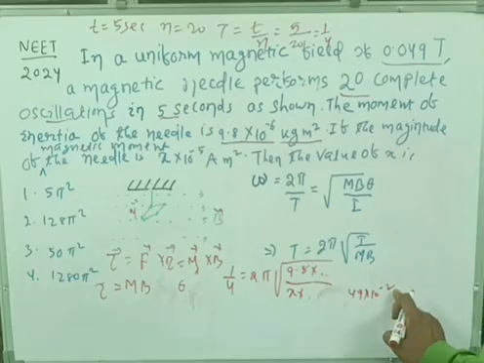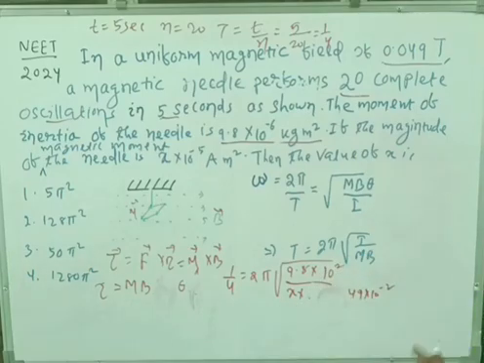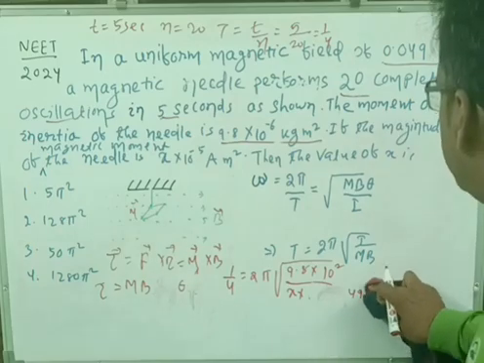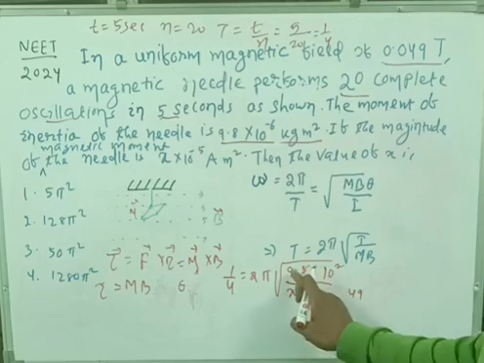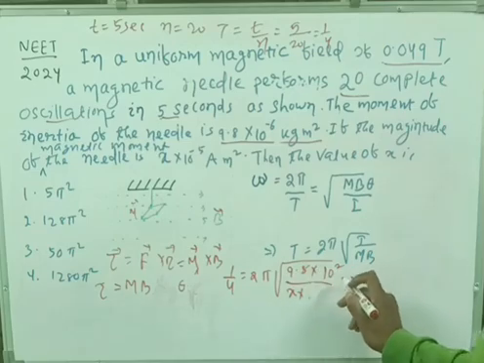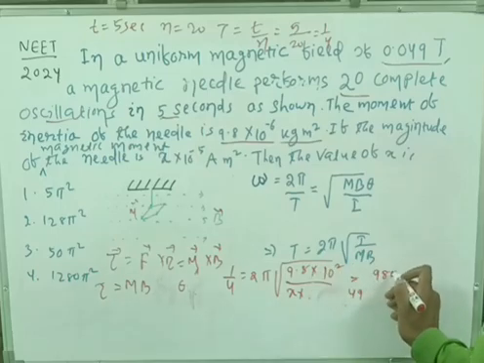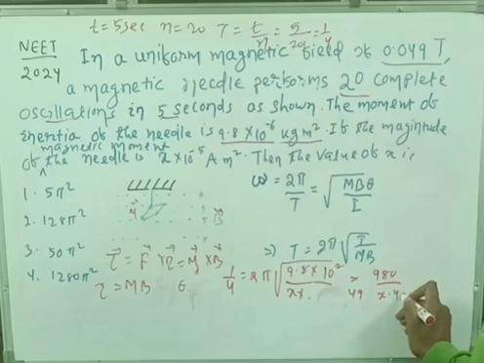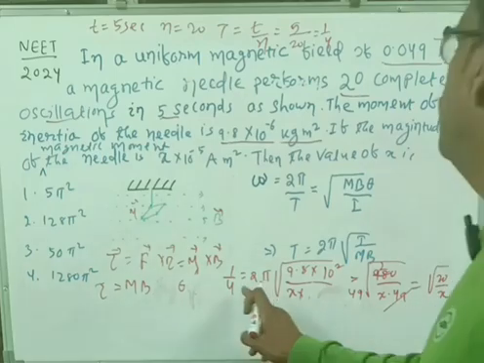When this 10^-2 goes upward, it becomes 10^2, and we may take it to the upper side. Here this 9.8 × 10^2 means this is 980 by x into 49, or we may write it as 2π root over 20 by x, that is equal to 1 by 4.